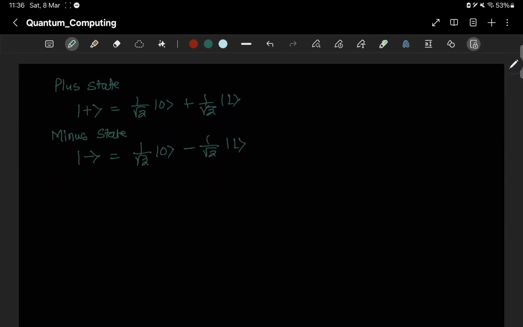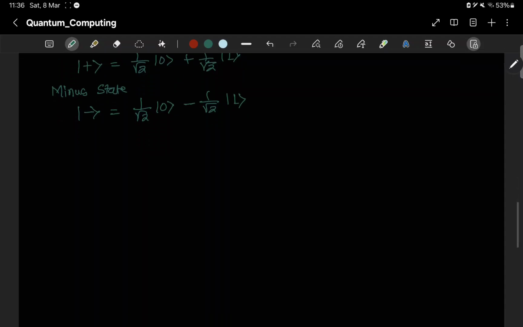Okay, so now if we discuss a little bit about Dirac notation, this is our ket, right? So if we take the complex conjugate of this, we'll get a bra, right? So let's say this is our state, (1 plus 2i)/3 and minus 2/3.